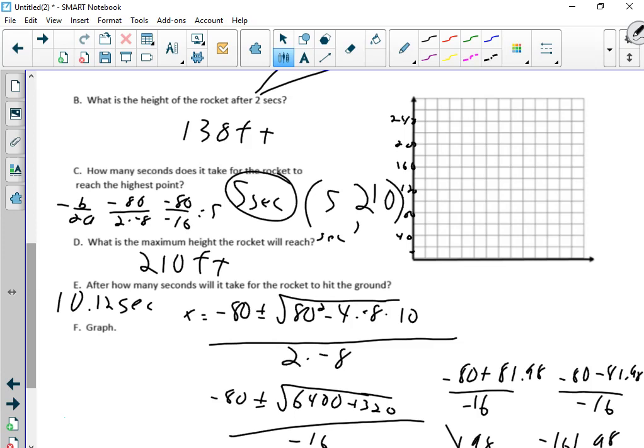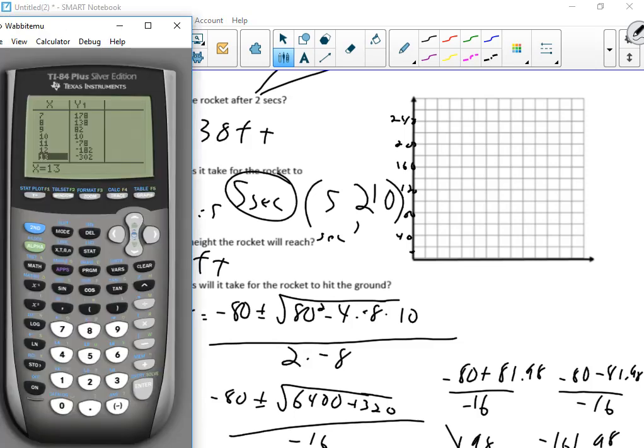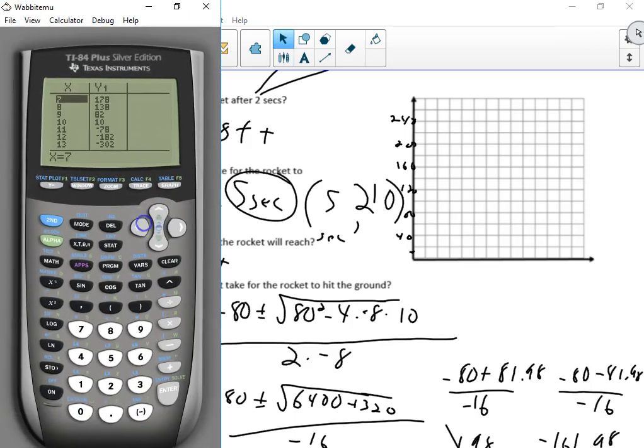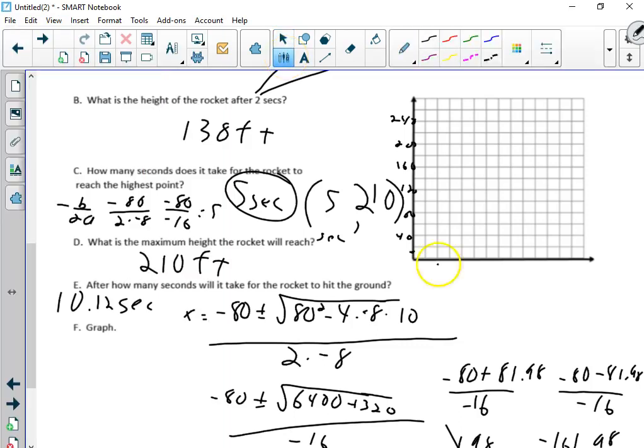And then at 1 second, where is it? Well, let's find out. At 1 second, it's at 82. Okay? 1 second, so we'll just go here for time. 2, 4, 6, 8, 10, 12.